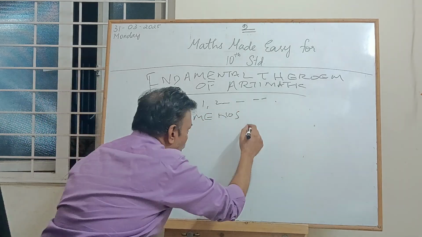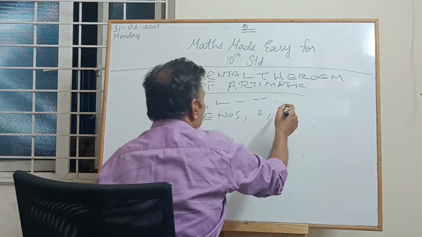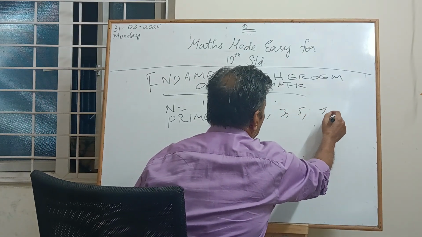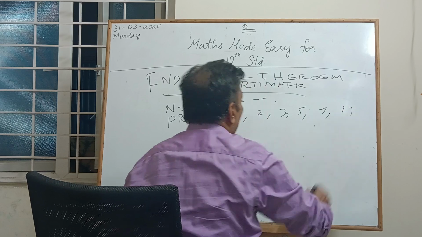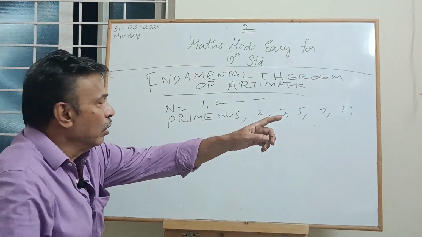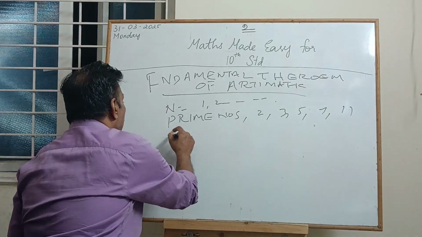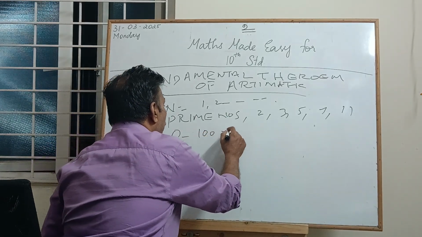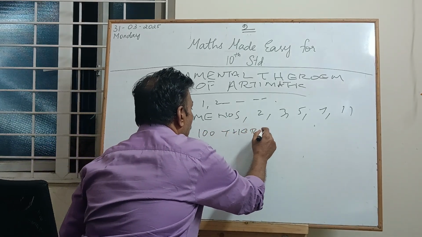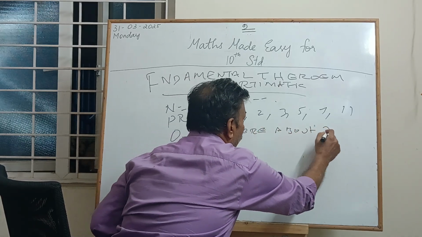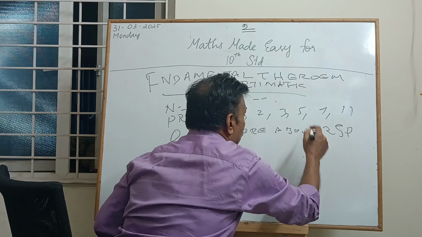The prime numbers are 2, then 3, then 5, then 7, then 11. Like that it goes. From 0 to 100, there are about 25 prime numbers.